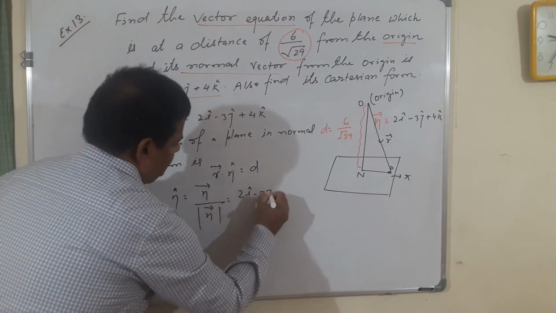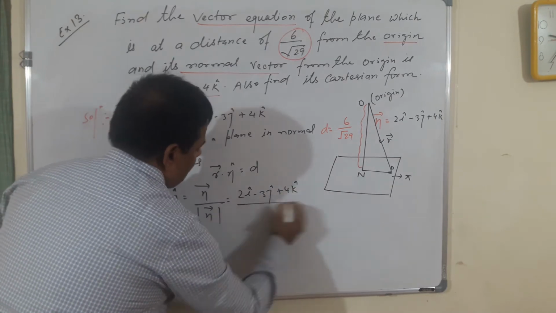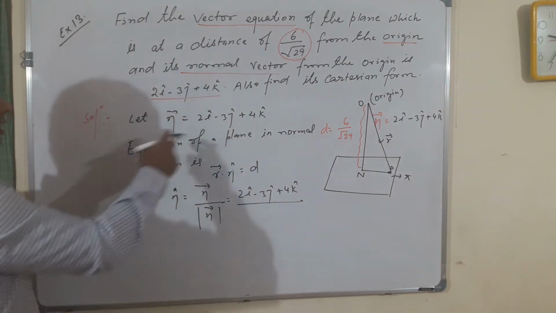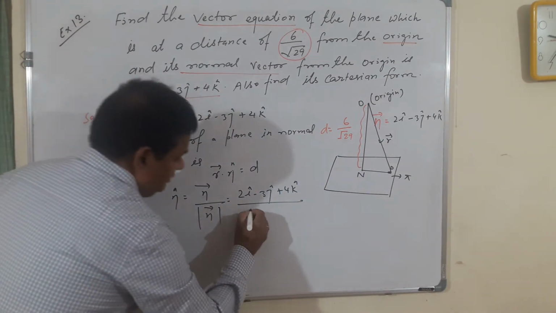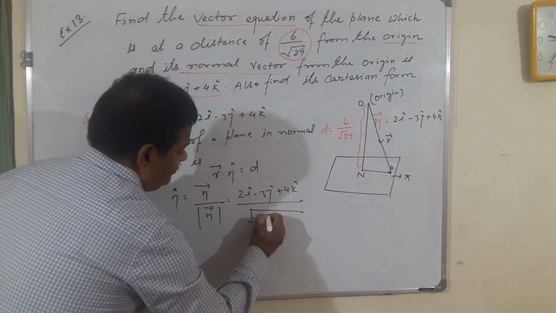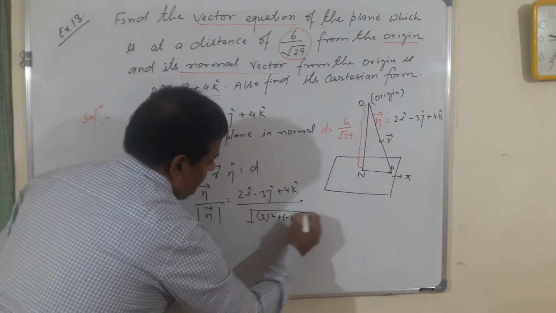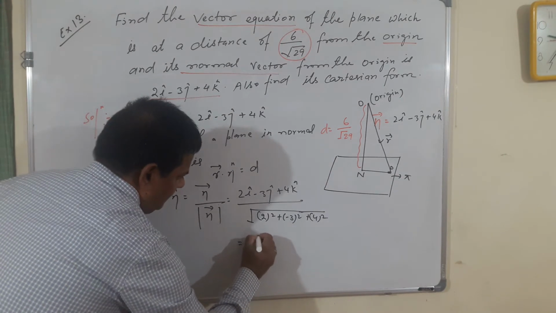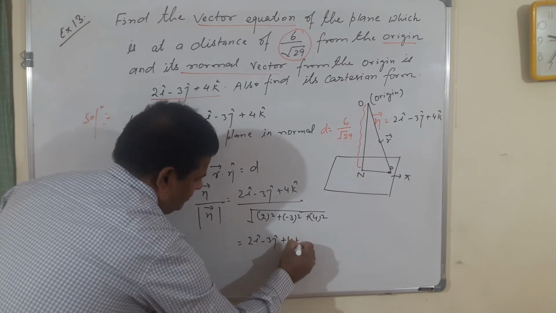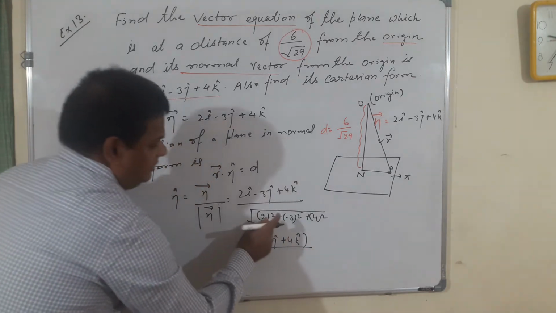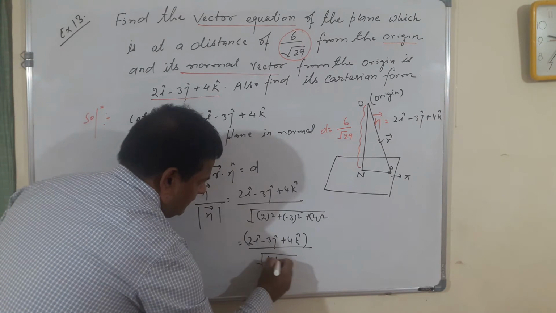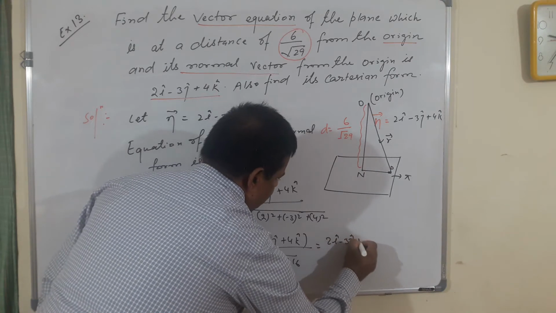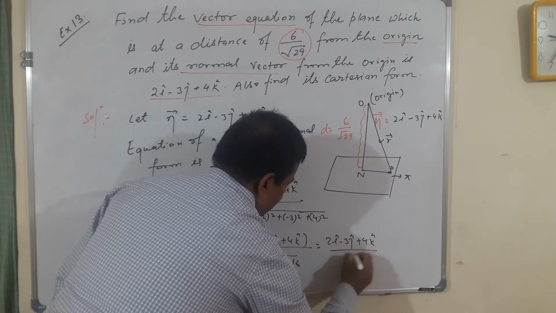Vector n is 2i minus 3j plus 4k, and mod of vector n is the square root of 2 squared plus minus 3 squared plus 4 squared, which is 2i minus 3j plus 4k divided by the square root of 4 plus 9 plus 16, that is, divided by root 29.